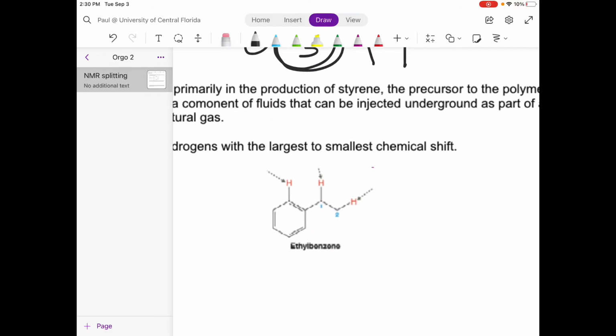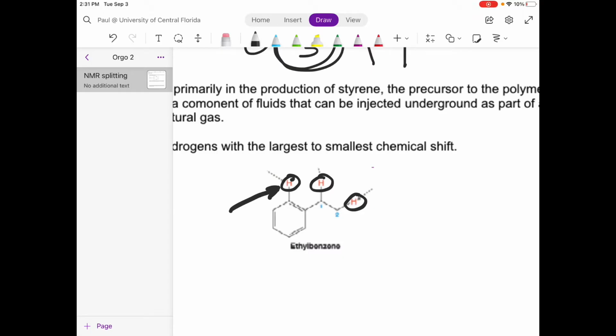If we zoom in here a little bit, we see a hydrogen directly attached to a benzene ring, one on the benzylic position, and then a hydrogen that's getting further and further away from the benzene ring. Based off of the molecular anisotropy lecture, we would expect that proton to be the furthest downfield.